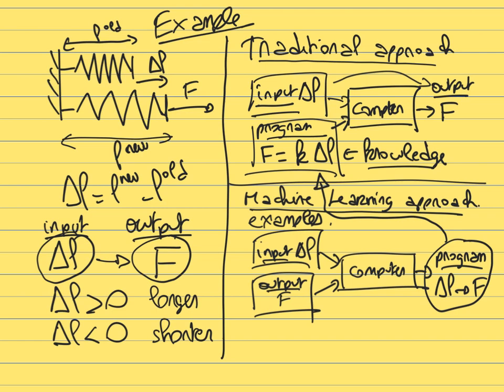elongation. So one important thing to realize is that in the traditional approach, you start with some knowledge about the governing law of a spring, F equals K delta L, and using this knowledge, you make some prediction. In the case of machine learning, it's the other way around.